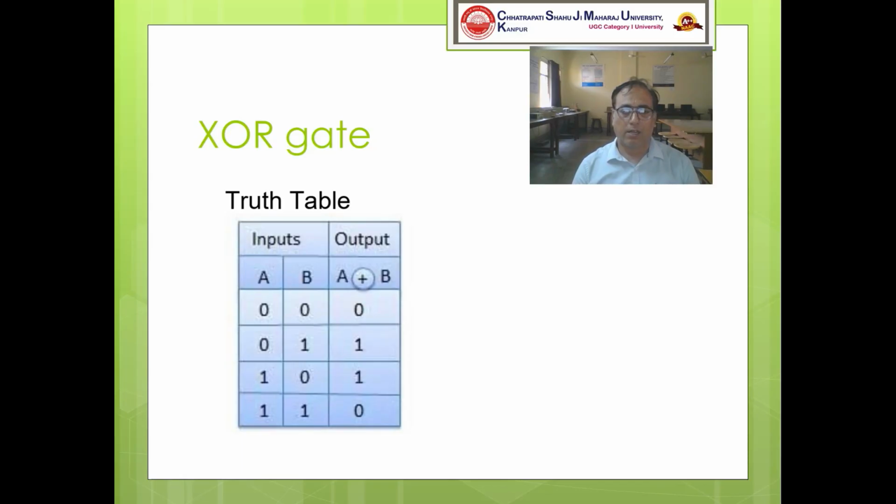The XOR gate can be explained by this truth table, in which it can be seen that if both the inputs have the same value, the output is 0. If both the inputs are not similar, then the output is 1. If both are similar, that means 0, 0, you will get 0. If both are 1, 1, again you will get 0.